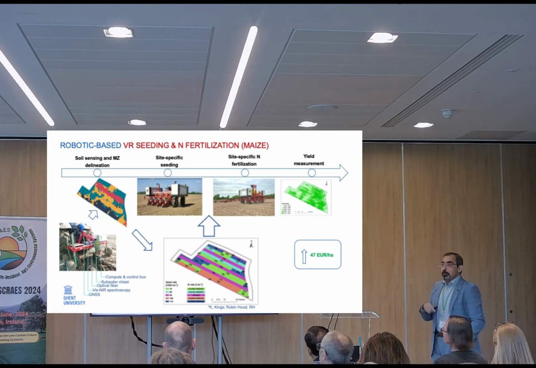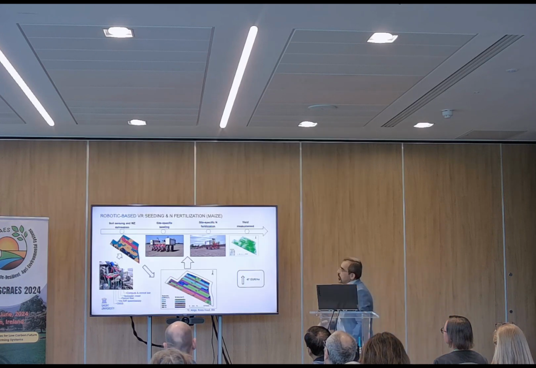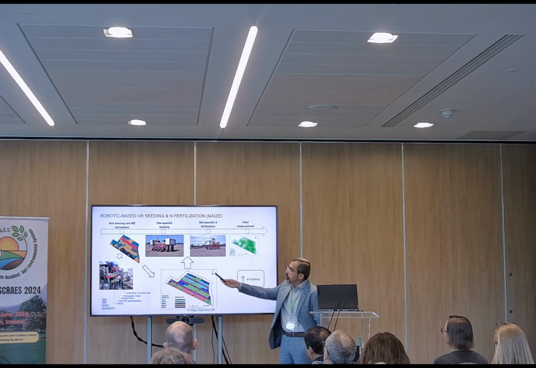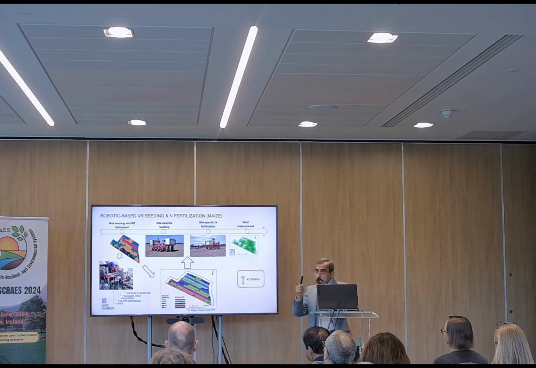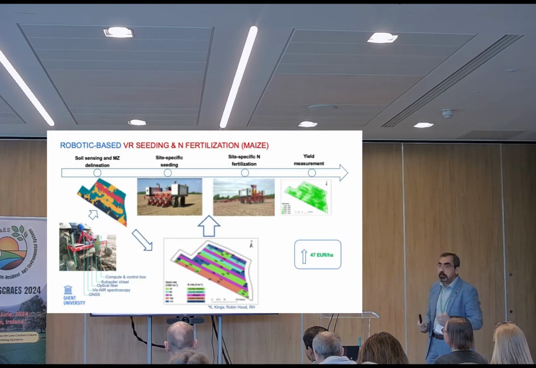Again, when you include a robotics platform, you could also combine different processes. Like here you see we have again management fertility zone maps. We have then variable rate seeding: how much where I should put the seeds, how far from each other, depends on the soil fertility.